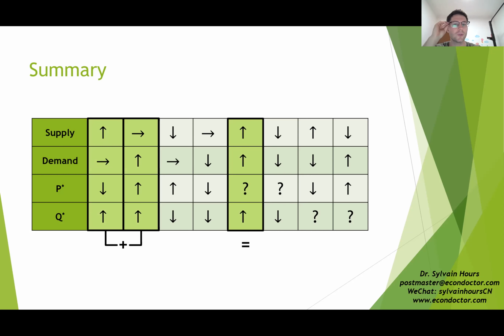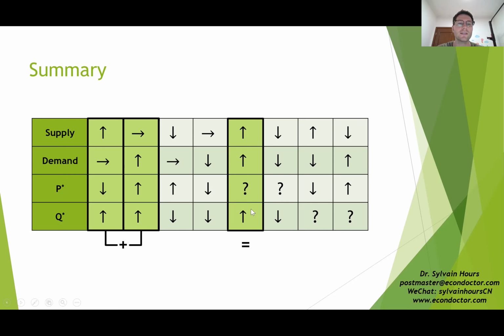And if I remember well, some students actually found a way to figure out what happens to the equilibrium price and quantity when you change both demand and supply, simply by looking at what happens when you change just one. So for example, here you see what happens if we increase supply and if we increase demand. The answer is that the change in the equilibrium price is uncertain, and the change in the equilibrium quantity is positive, so the equilibrium quantity will rise.